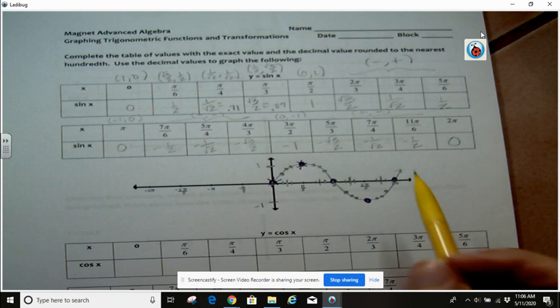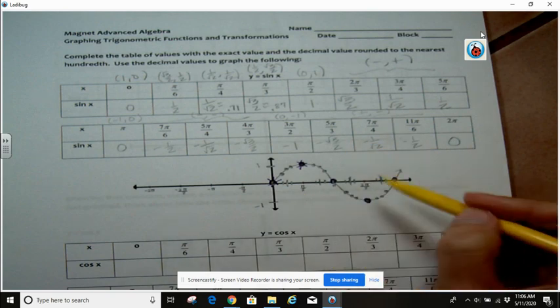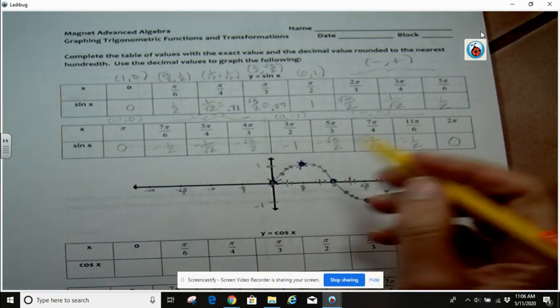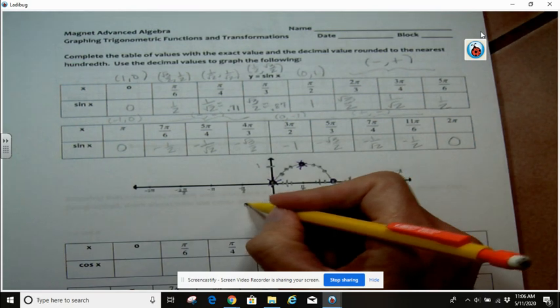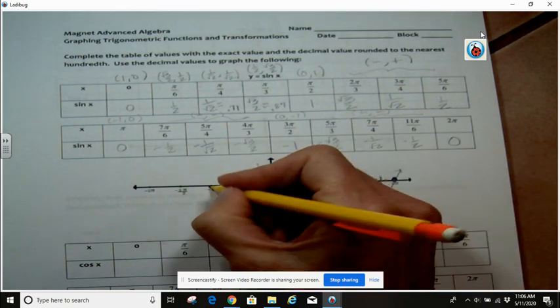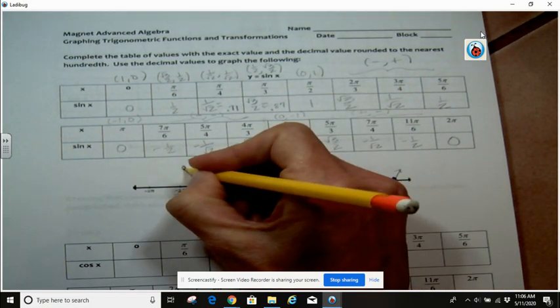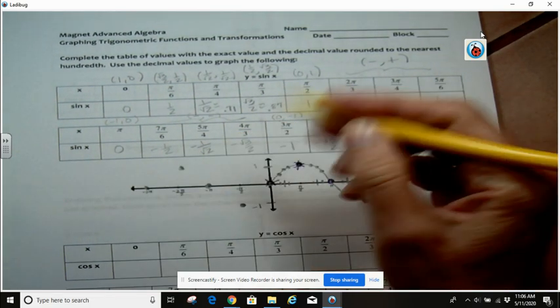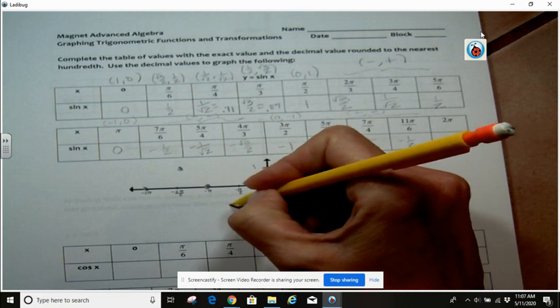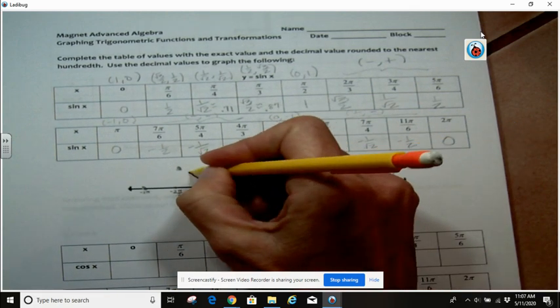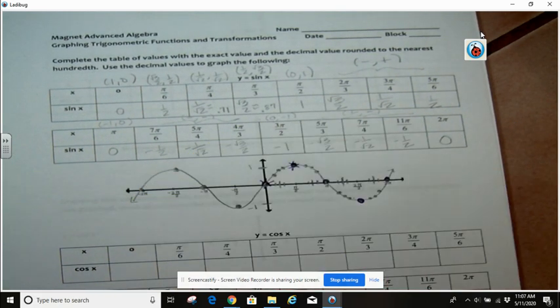Then we can just follow that pattern over here. So this would have to be a minimum to follow the pattern, back to a 0, then a maximum, back to a 0, and the pattern continues. And there's your sine graph.